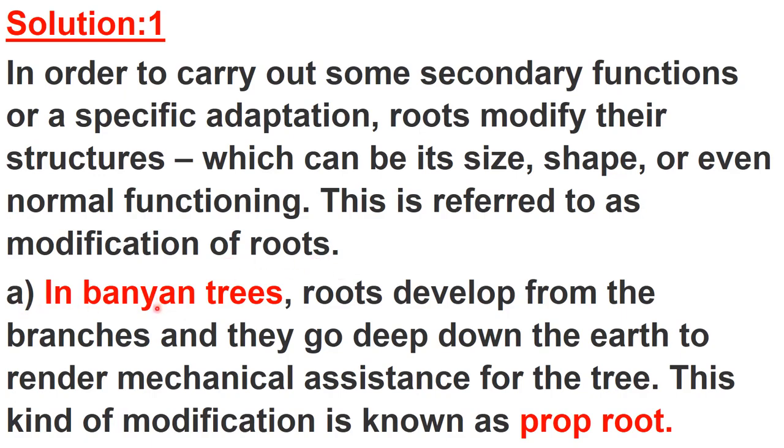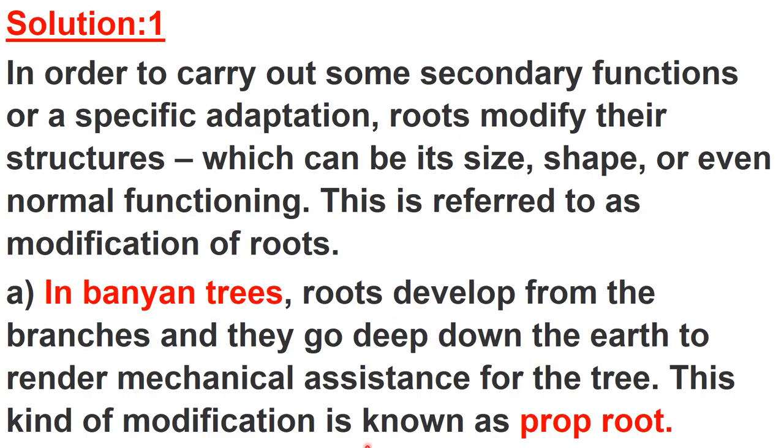Now first is in banyan trees. Roots develop from the branches, and they go deep down into the earth to render mechanical assistance for the tree, right? In the banyan tree, roots arise from the nodes of the branches, and they go deep down to the earth and provide mechanical support to the banyan tree.